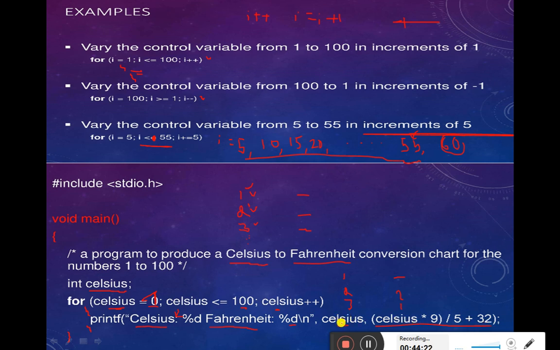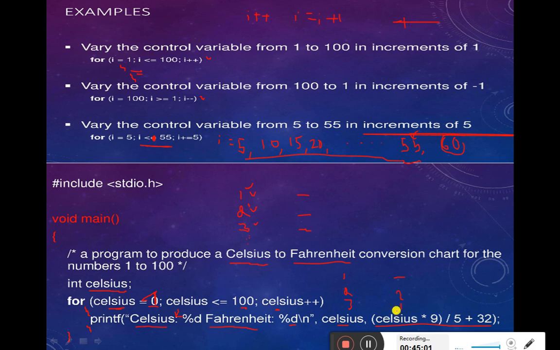Next 4, 5, 6, 7, 8, 9 up to Celsius becomes 100. So we print 100 and its temperature in Fahrenheit, and Celsius is incremented to 101. Now once Celsius becomes 101, this condition becomes false, because 101 is not less than or equal to 100, therefore we should stop the repetition now, because by that time we have printed Celsius from 1 to 100 and the corresponding temperature in Fahrenheit.